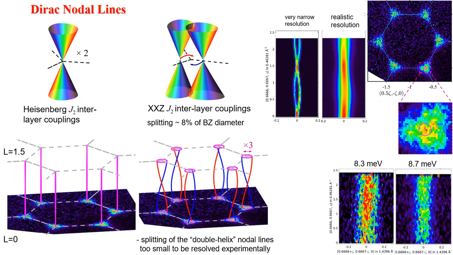However, if this is anisotropic, so it has an XX part and a Z part that are different, then for Heisenberg coupling between node lines they are exactly the same, but for XXZ interlayer coupling you get a splitting, which goes with the magnitude of the anisotropy XX divided by the coupling inside the layer. So the red and the blue have different energies.